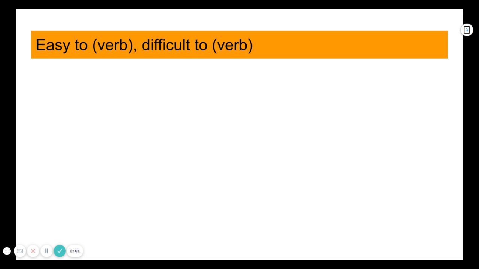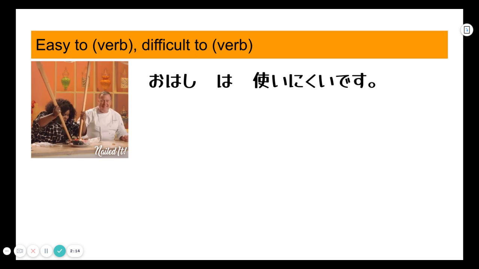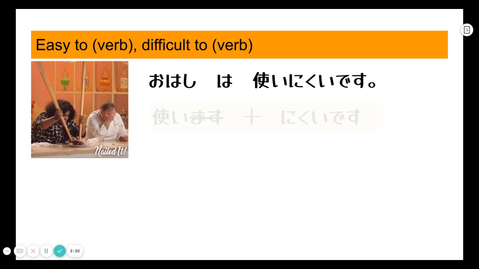To say something like easy to do something or difficult to do something, this is how you do it. Like, oh, chopsticks are so hard to use. お箸は使いにくいです。にくい is hard to do, difficult to do.